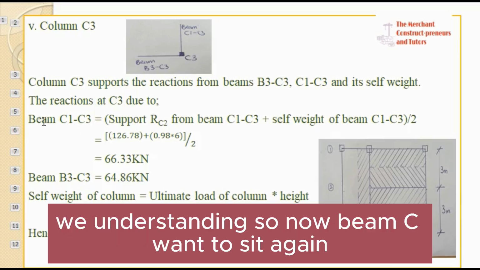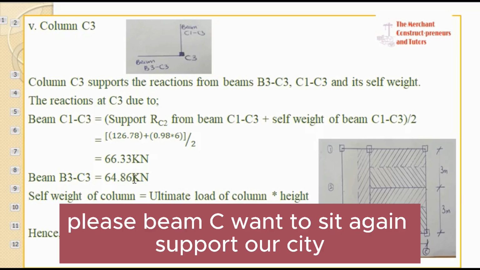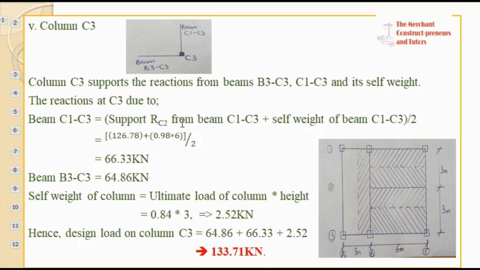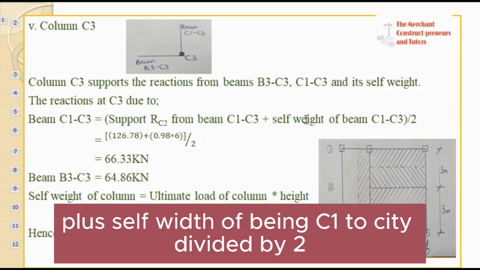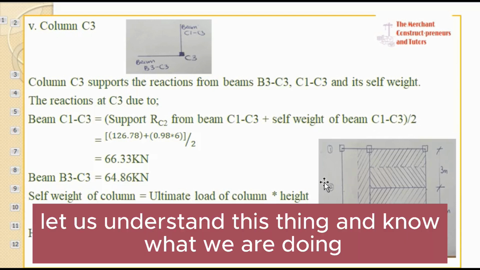So now, beam C1 to C3. This beam C1 to C3 supports the load from beam C1 to C3 plus the self-weight of beam C1 to C3 divided by 2. Let us understand this and know what we are doing.